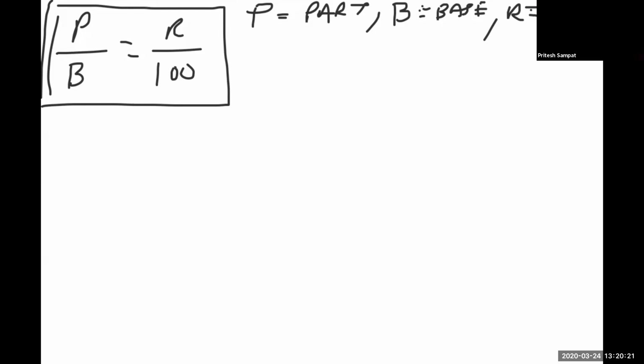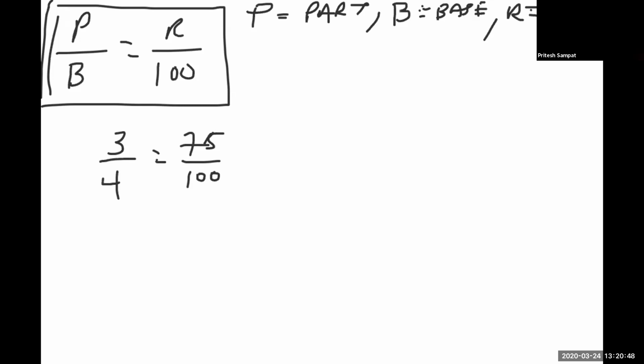So with the first example, we have 3 over 4 is equal to 75 over 100. And we're going to break this down so that the configuration of each of these values makes sense in relation to the definition of part, base, and rate.